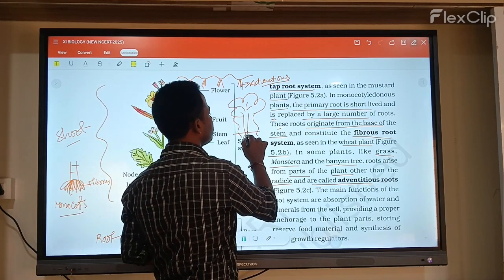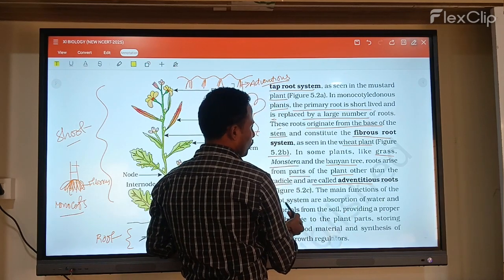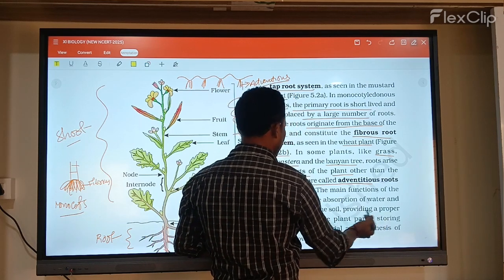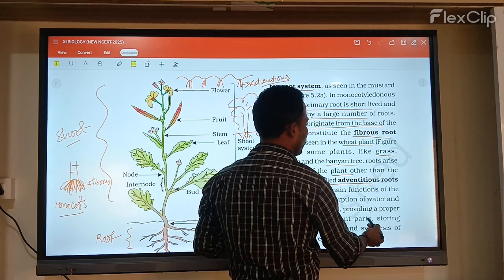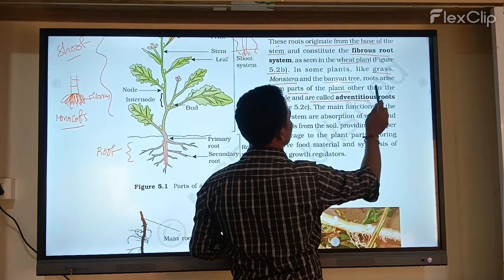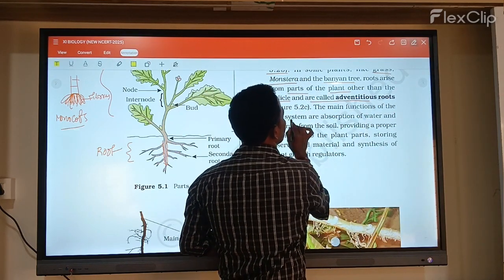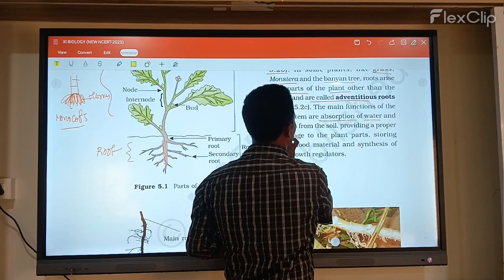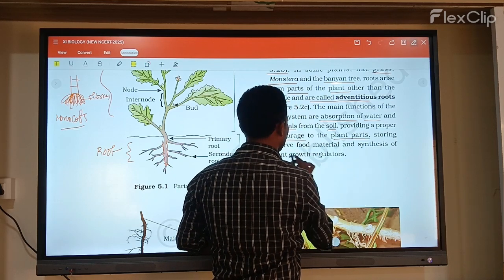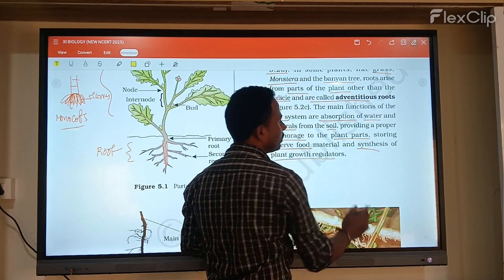Okay, next, the main functions of the root system are absorption of water and minerals from the soil, providing proper anchorage to the plant parts, storage of reserve food materials, and synthesis of plant growth regulators.